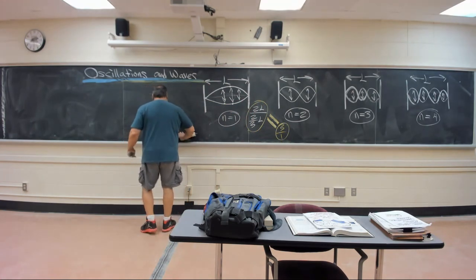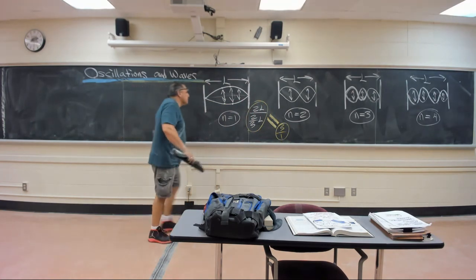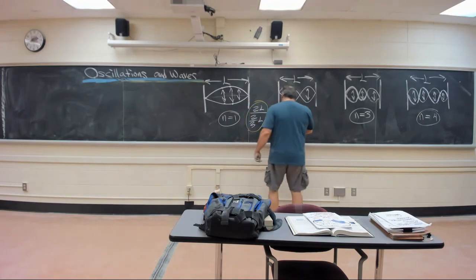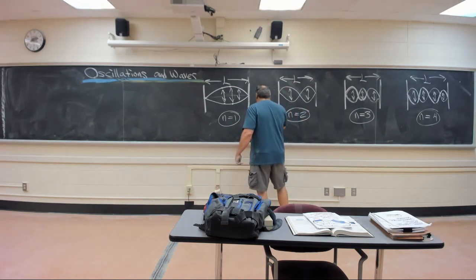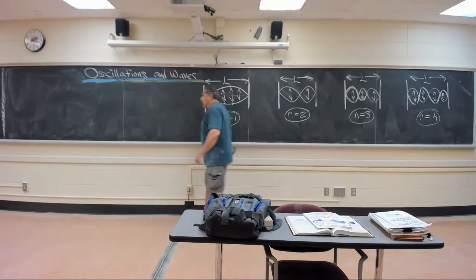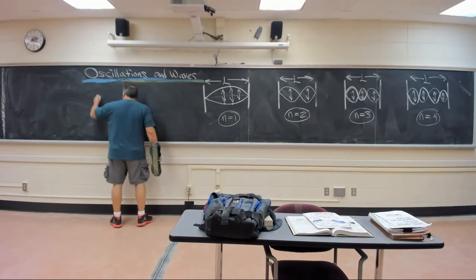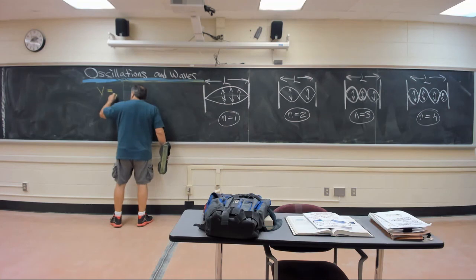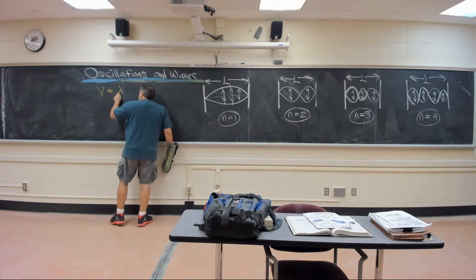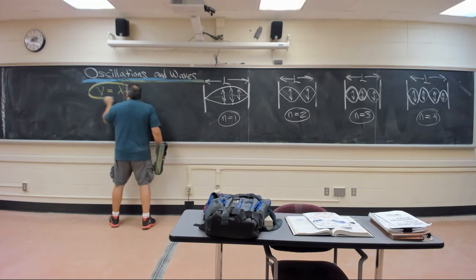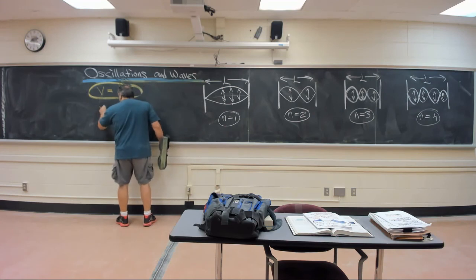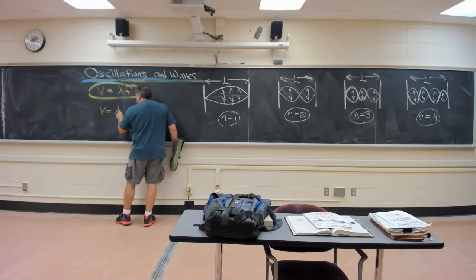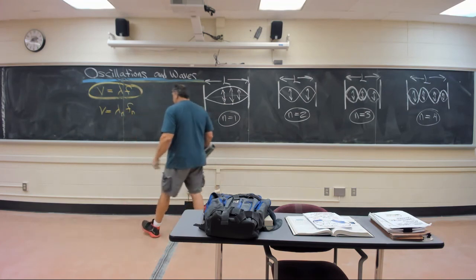So what's going on? Well, I told you they all go at the same speed. V equals lambda times F as a general rule. And V equals lambda sub n times F sub n for it to work out.